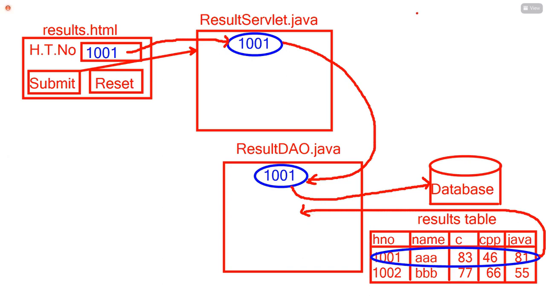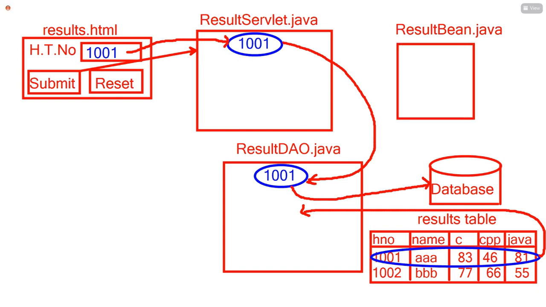That data we store in a Java Bean class. So here, one more class, ResultBean.java. It is a separate class. Here five fields will be there, like integer hall ticket number and so on. Here the complete data will be held.